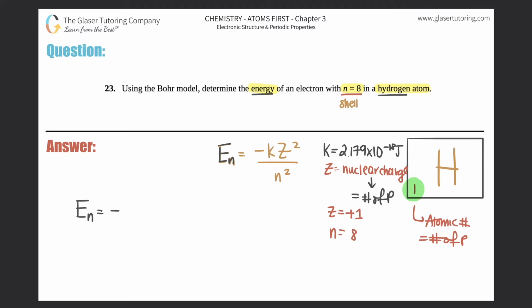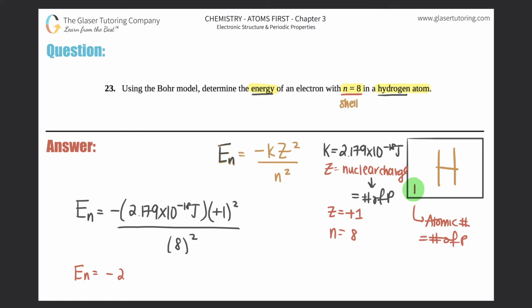En equals negative. Make sure that you put the negative. This negative is part of the equation. 2.179 times 10 to the negative 18th joules times Z, which we said was a +1 squared, all over 8 squared. And 8 squared is 64. 8 times 8 is 64. So I could just say En equals negative 2.179 times 10 to the negative 18th all over 64 because 1 squared is 1.